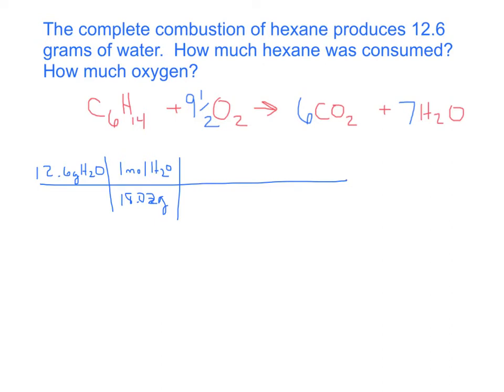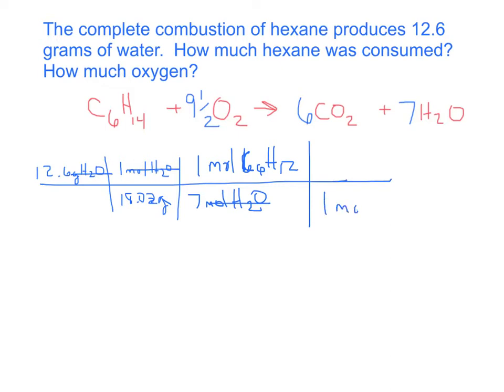So that means 7 moles water goes down here, and we get 1 mole of hexane to produce those 7 moles. So we've canceled moles of water, canceled grams. Now we just need the molar mass of hexane.